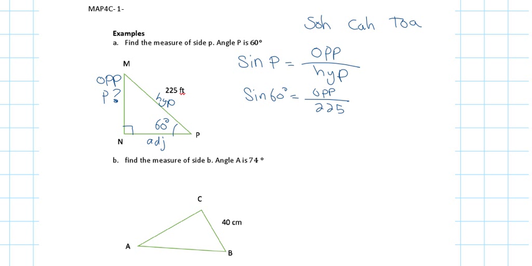What does it become here? Multiplication, because the opposite of division is multiplication. So it's 225 times sine 60, which is 194.9 feet.